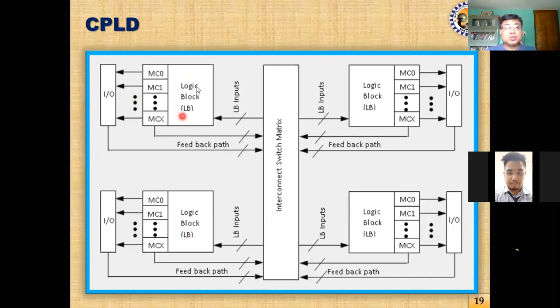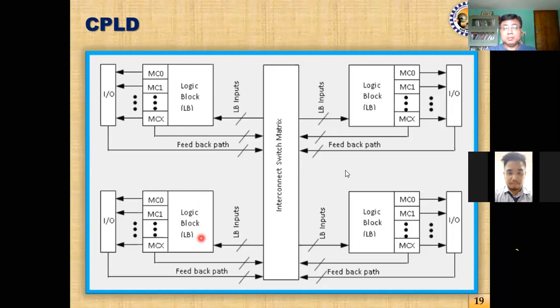In case the output of this block is required as input for this one, you can get the feedback from here and give it as logic input to this block. This way we can expand to a great extent and implement our requirement of large inputs, outputs and a large logic circuit suitably.